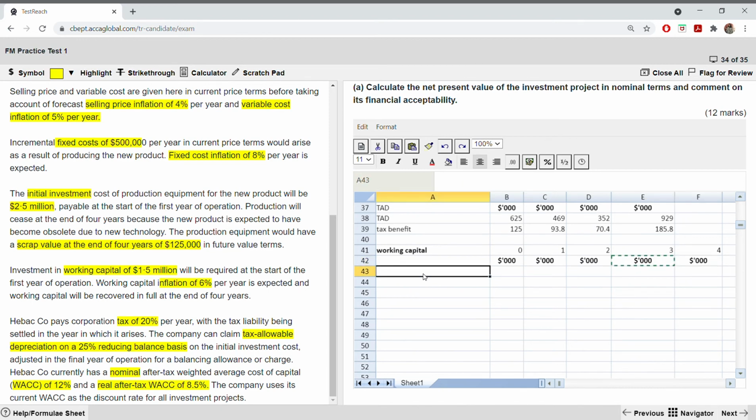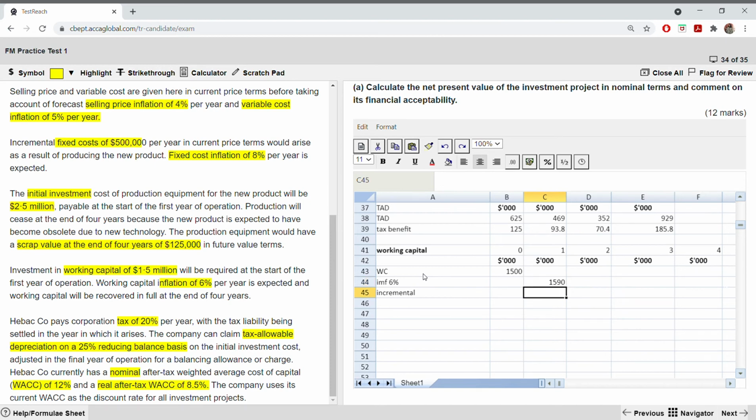Okay, next. So working capital, inflation 6% and incremental. So working capital in the beginning is 1,500, 1.5 million. And when you inflate it by 6%, the 1,500 it will be 1,590.